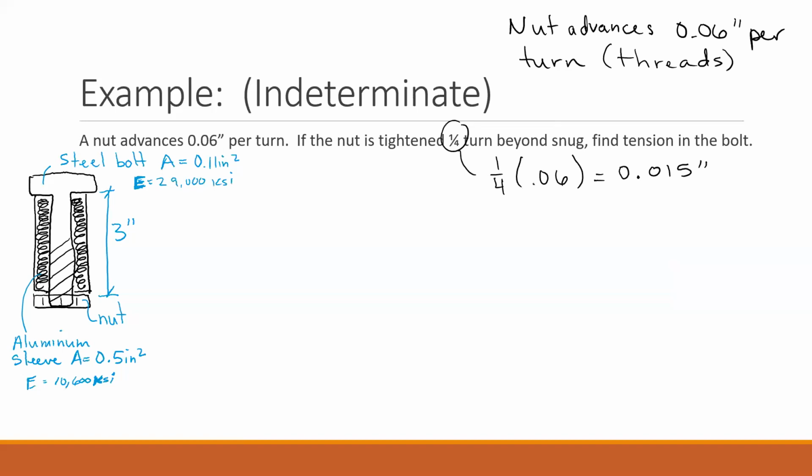Now we're going to start with our equilibrium. So we always like to start with equilibrium. If this was snug and I turn the nut, there's one of two things that can happen, and reality is it's a combination of both.